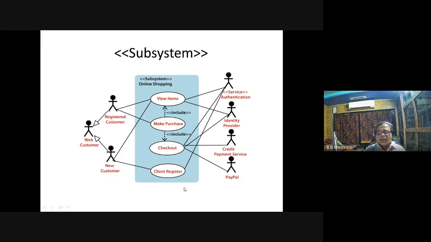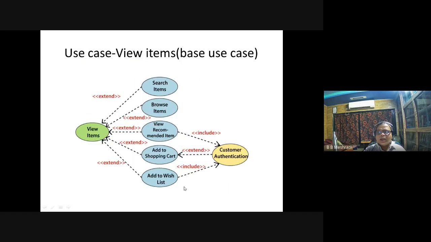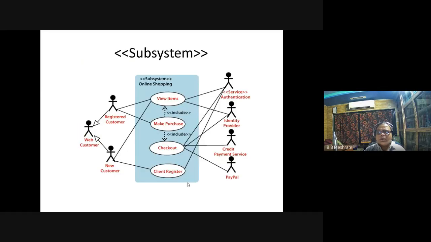Now like a data flow diagram, a one level diagram is mapped with the second level DFD. In the same fashion, we can expand the abstract use case diagram.